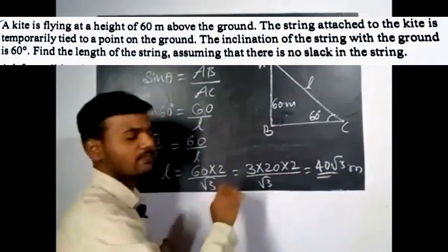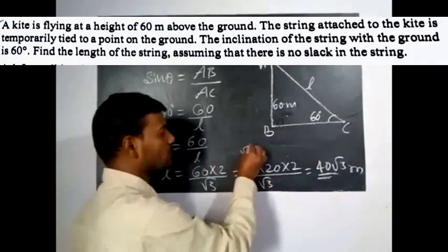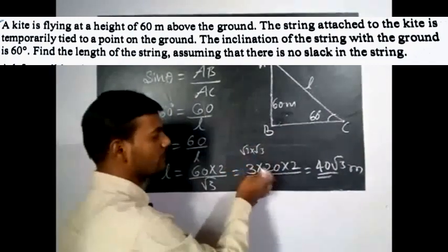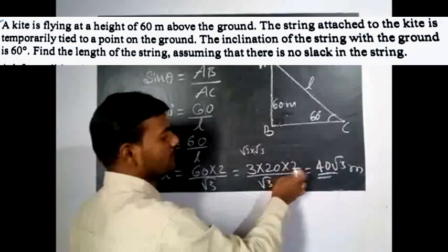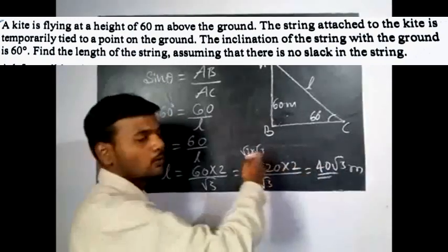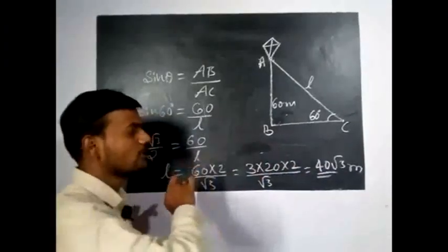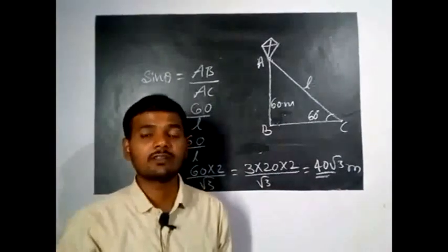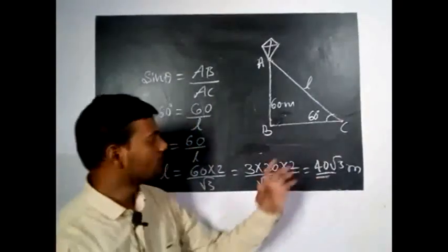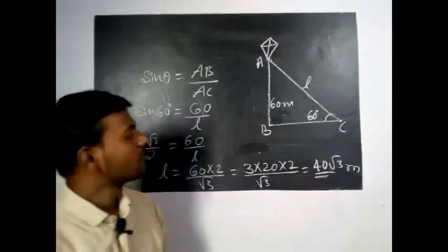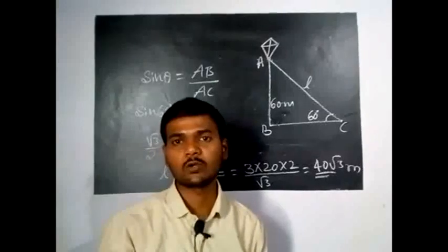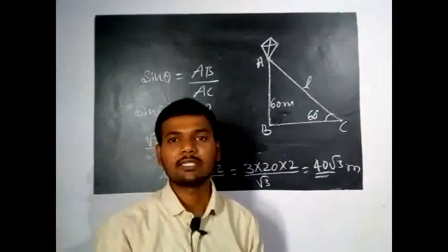You can simplify it. 3 can be written as root 3 into root 3, so one root 3 gets cancelled, so we get root 3 only. 20 into 2 is 40, so 40 root 3 we will get. Okay, so in this way we have to simplify and get the answer for the given question. So here the length of the string is 40 root 3 meter. Okay, so let us discuss about the next example.